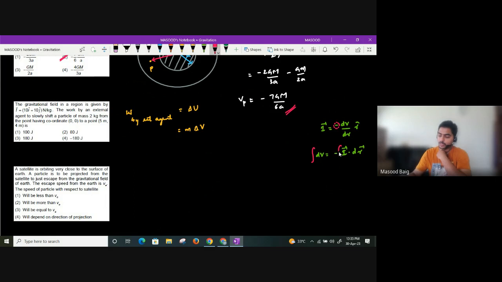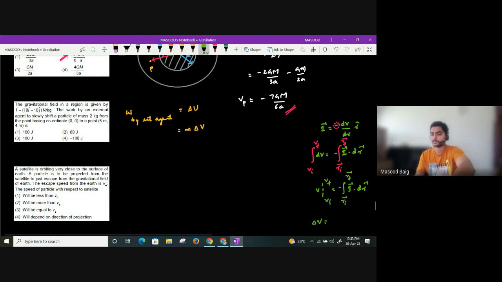We are going to apply integration from some r initial to some r final. The potential will go from V initial to V final. Integral dV, as you all know, you will get as V, from V initial to V final, which should be equal to the integral of I bar dot dr bar from r initial to r final. So I'll get V final minus V initial, which is the potential difference.